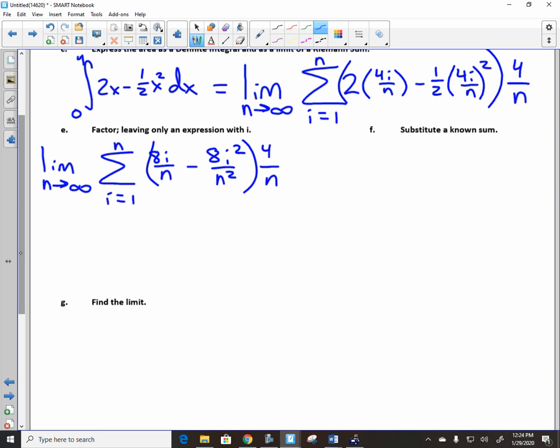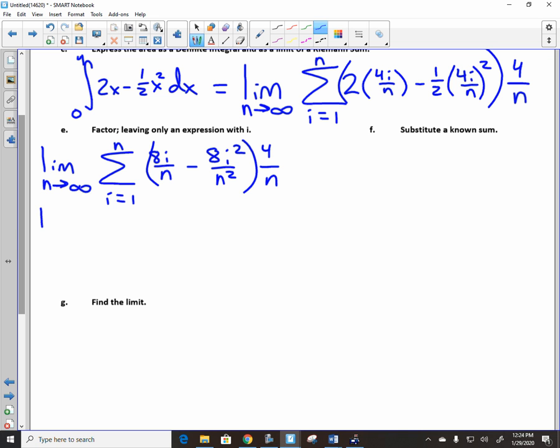How did I get 8i squared over n squared? I took the 4i over n squared, and I get 16i squared over n squared times 1/2 is 8i squared over n squared. Still need to distribute that 4 over n, don't I?